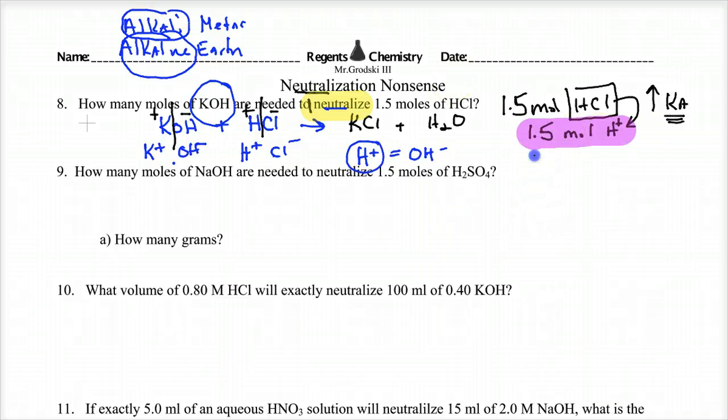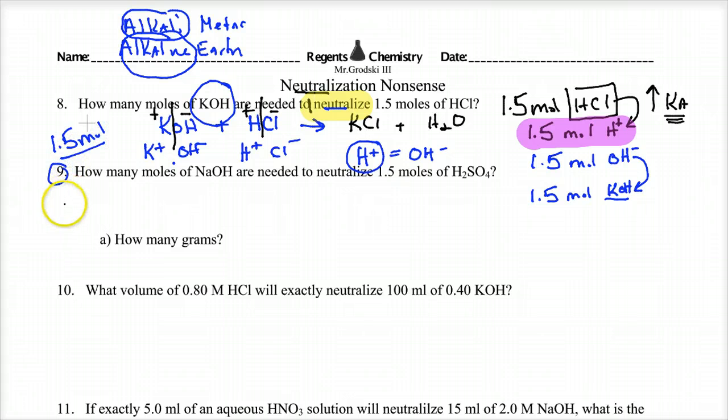I need 1.5 moles of hydroxides. And because KOH is a strong base, there is 1.5 moles of hydroxides in 1.5 moles of KOH, because KOH completely dissolves. It's a very soluble salt with a hydroxide in it. So the answer, of course, is 1.5. Very simple.